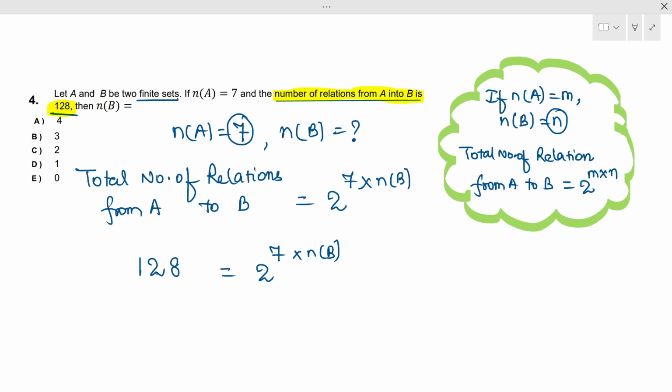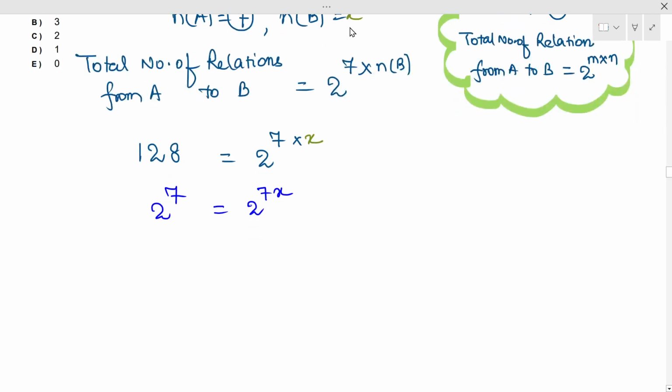Now let n(B) be equal to x, right? So here we can write it as 7 into x. So now 128 can be written as 2 to the power 7, and this is equal to 2 to the power 7x. Now the bases are same, that means the powers are equal, right?